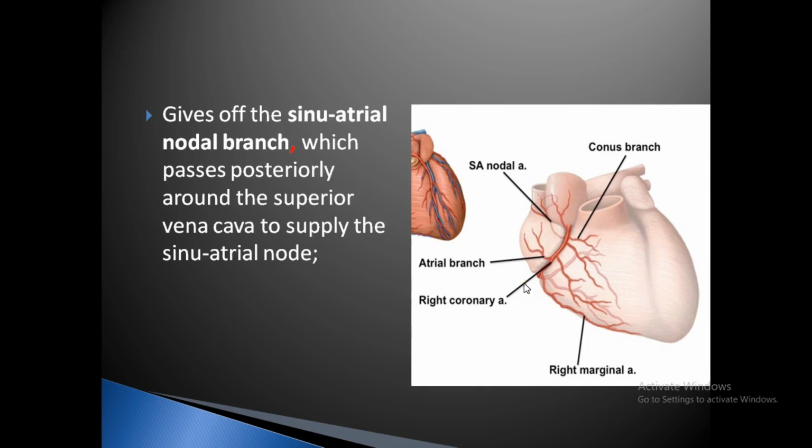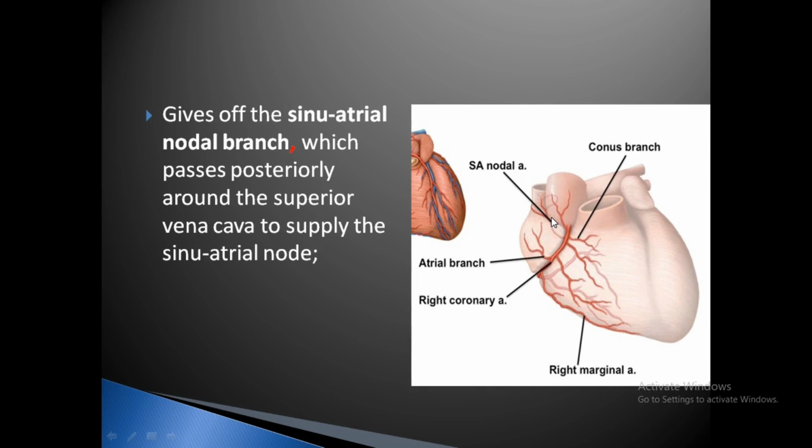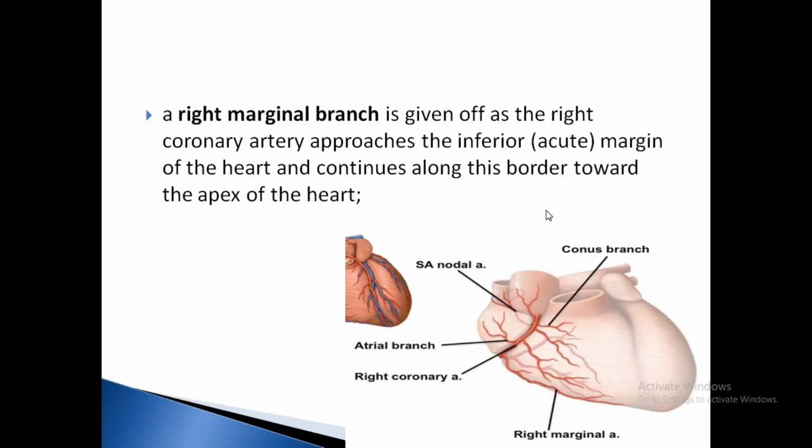Then the second branch is the SA-nodal branch, which passes posteriorly around the superior vena cava to supply the SA node. This is the sinoatrial nodal branch.